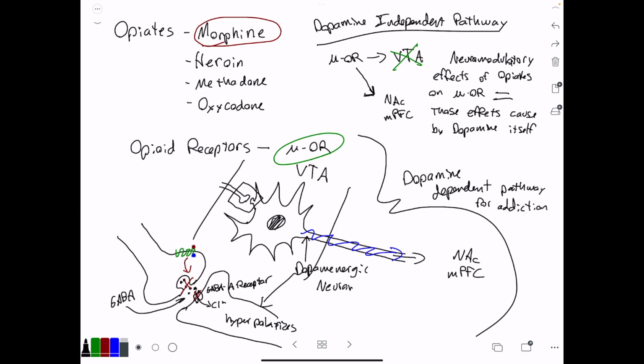So not only do you increase the amount of dopamine indirectly from the VTA, but you also double the effects because the opiates come in and act just like dopamine in these two target areas that are associated with addiction, because they increase drive and craving and seeking out the stimulus, and committing a lot of resources to remembering the behaviors and the cues associated with that stimulus.